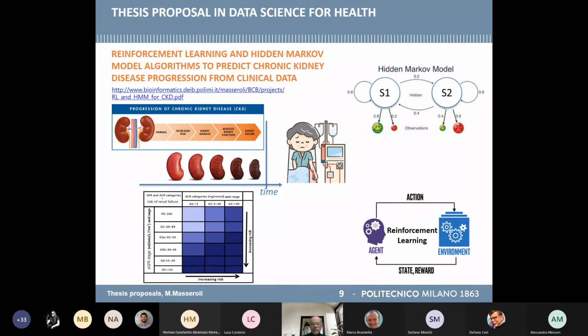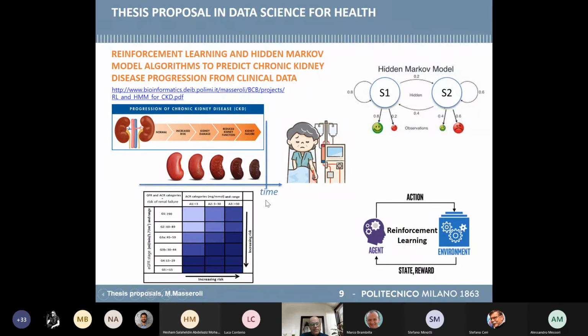And the disease actually progresses from a state to the following one with a worse functionality of the kidney, up to a point when the kidney is not functioning effectively anymore, and the only possibility for the patients is to go through a dialysis process, so to use an external kidney to purify the blood from the products of the metabolism of the organism itself.